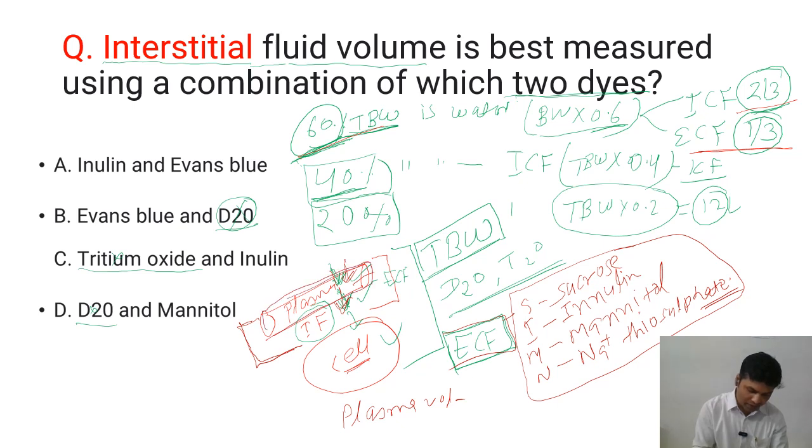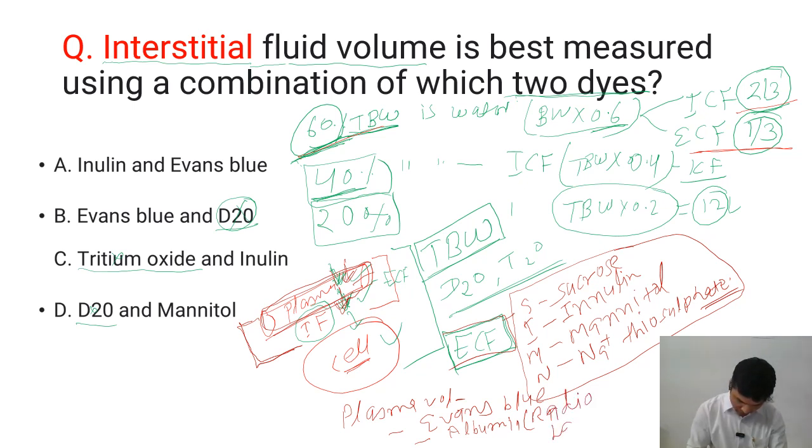It will remain in the plasma, in the blood vessels. So these two dyes we can use: Evans blue and radio labeled albumin.